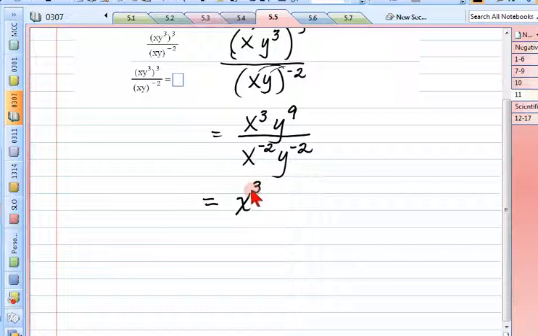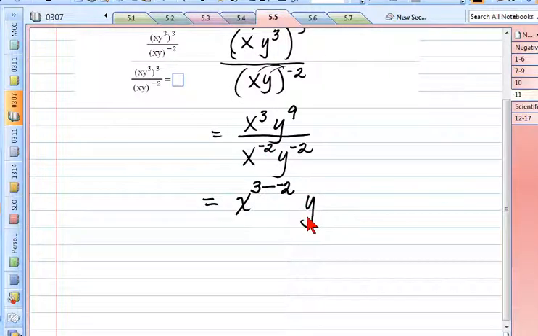So I'm going to write down a 3. I'm going to write down a subtraction sign because that's what the quotient rule says to do. Then I'm going to write down the exponent from the bottom, which is a minus 2. So it is 3 minus, because it's quotient rule, negative 2.